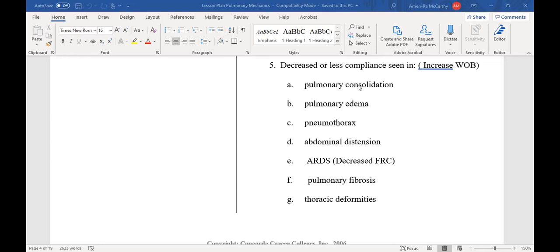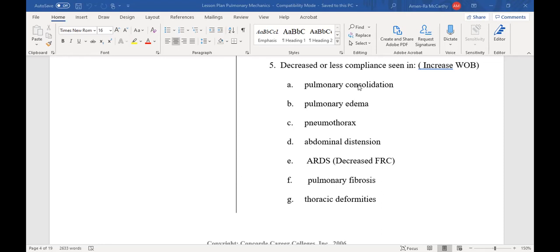ARDS. ARDS is acute respiratory distress syndrome, a very critical and very quickly developing condition. It will give you a decrease in FRC. The lung has pockets that are just closed, right? It's just pockets of closed lung and maybe secretions all over the place, diffuse, spread out, not in just one area, but all over the lung. That's ARDS, okay?